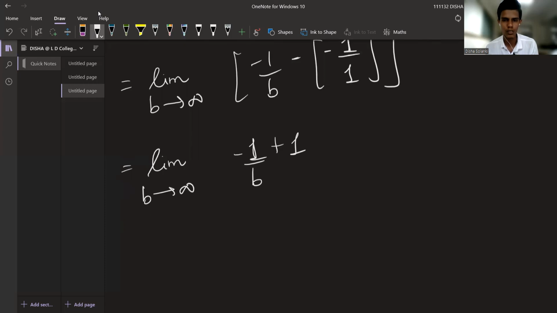Okay, now since again we can see there is no 0 by 0 form or infinity by infinity form or any indeterminate form, so we can directly put the limit of b in this value. So we place infinity in place of b. So this will be minus 1 upon infinity plus 1.